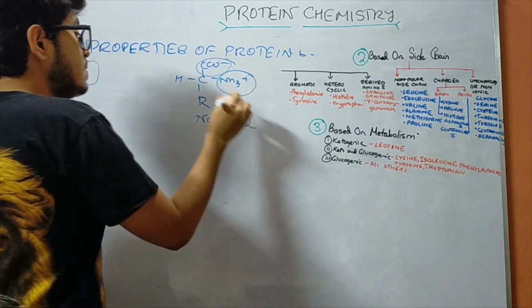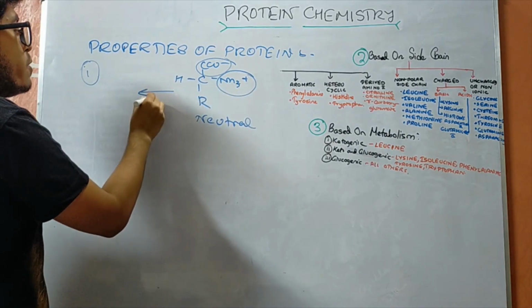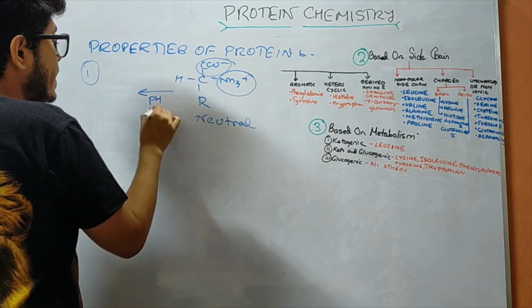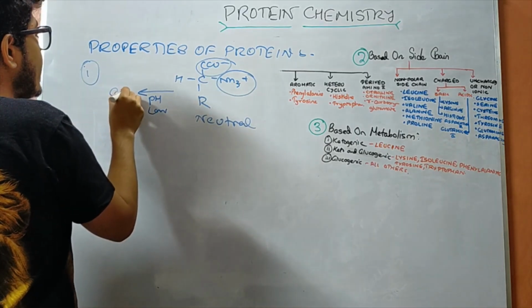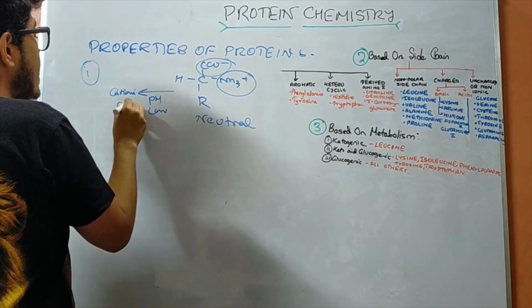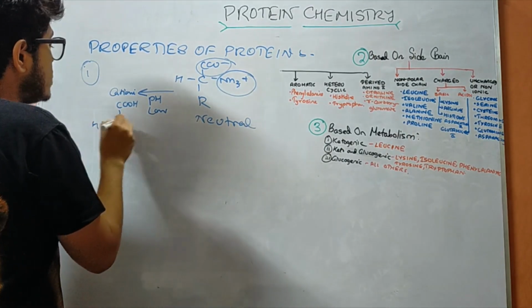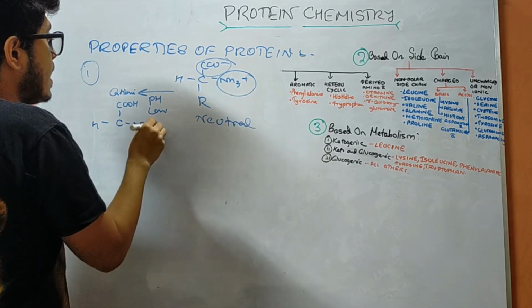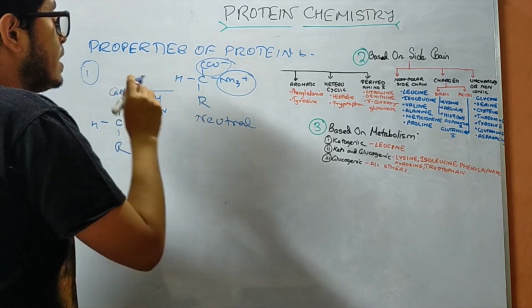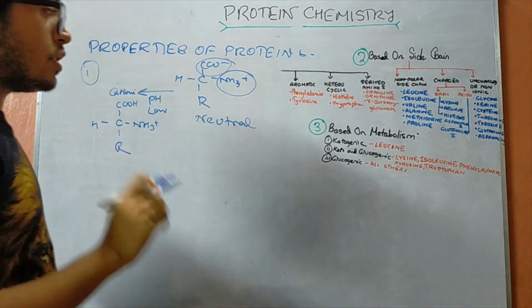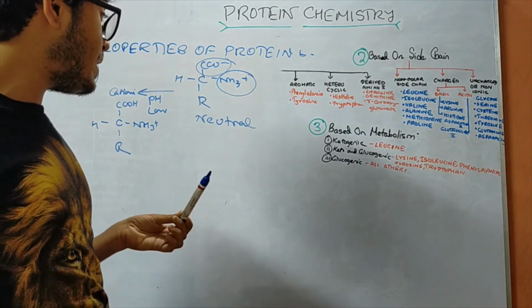Whereas at a lower pH, it is basically cationic, meaning it is present as COOH, CH, NH3 plus and R. In the zwitterionic state it has both, and so it is called amphoteric in nature.